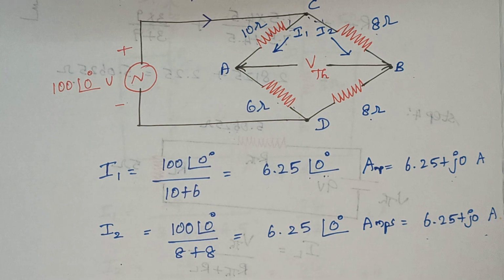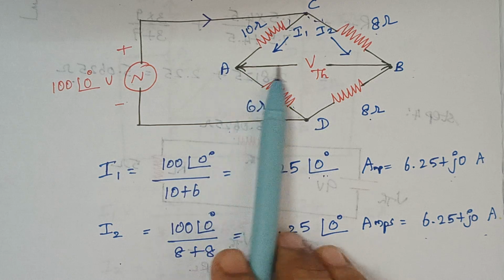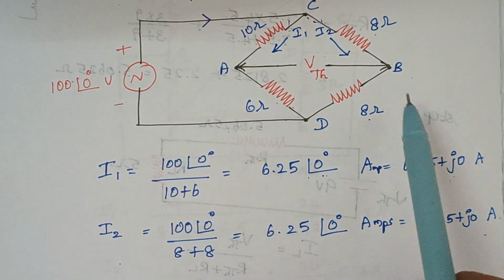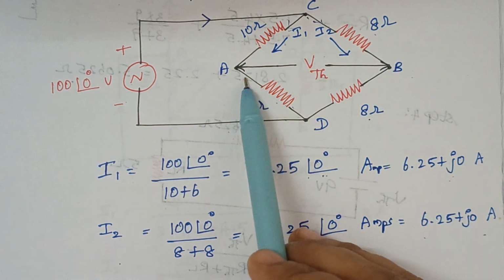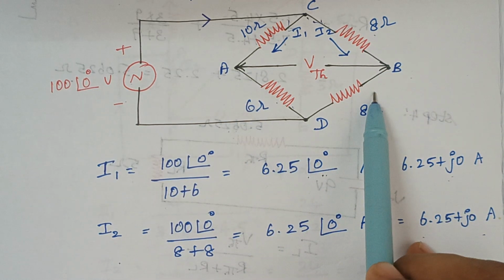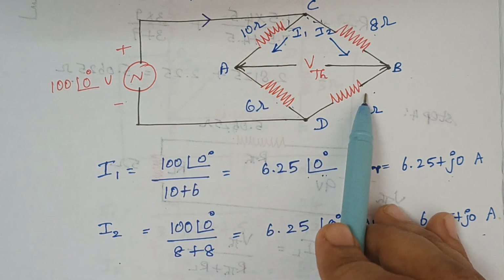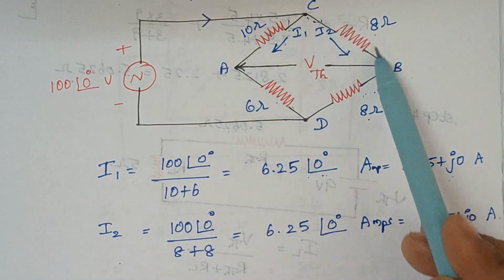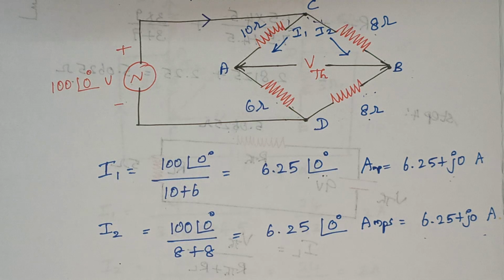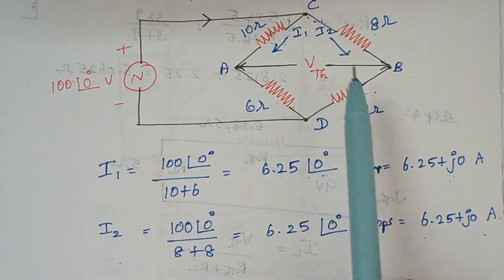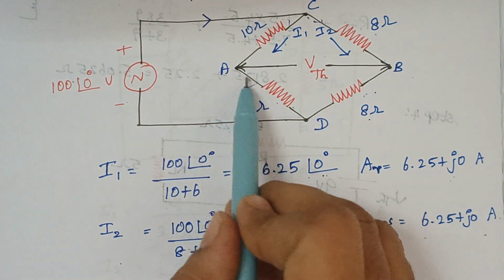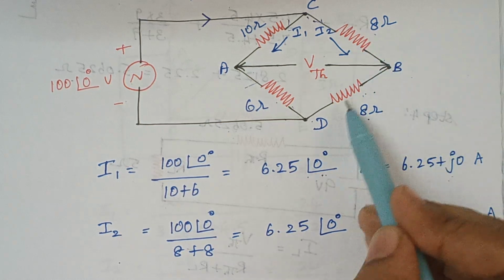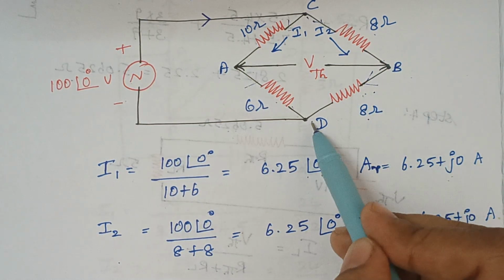Now the next thing is we are going to calculate Thevenin's voltage. For calculating Thevenin's voltage, either we can make use of the voltage drop across these two resistors, or else these two resistors. It depends on you; either you can take this or you can take this. Here the current I1 flows in this way, whereas the current through this 8 ohm flows in the opposite way.